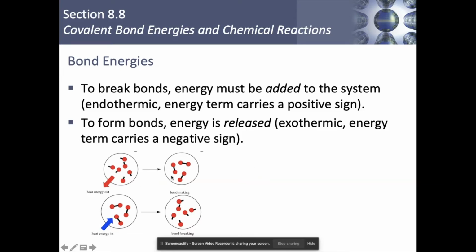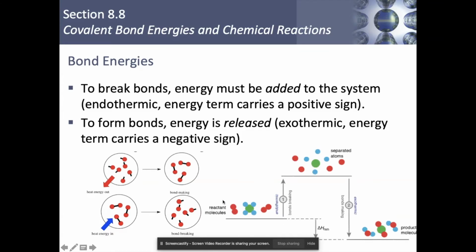And it's the same thing with these little relatively magnetic atoms. When you get them close enough, it's going to lower the potential energy of the system at that point, and that means that there's going to be a net release of energy as a result of that when that bond forms. And so you can think of it like this. I have these reactant molecules. I want to break them into pieces.